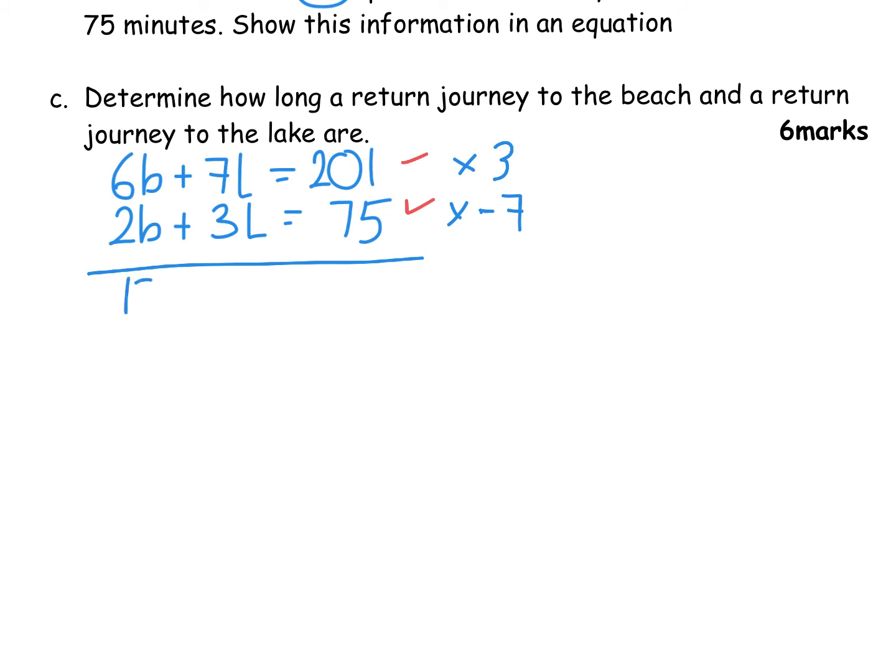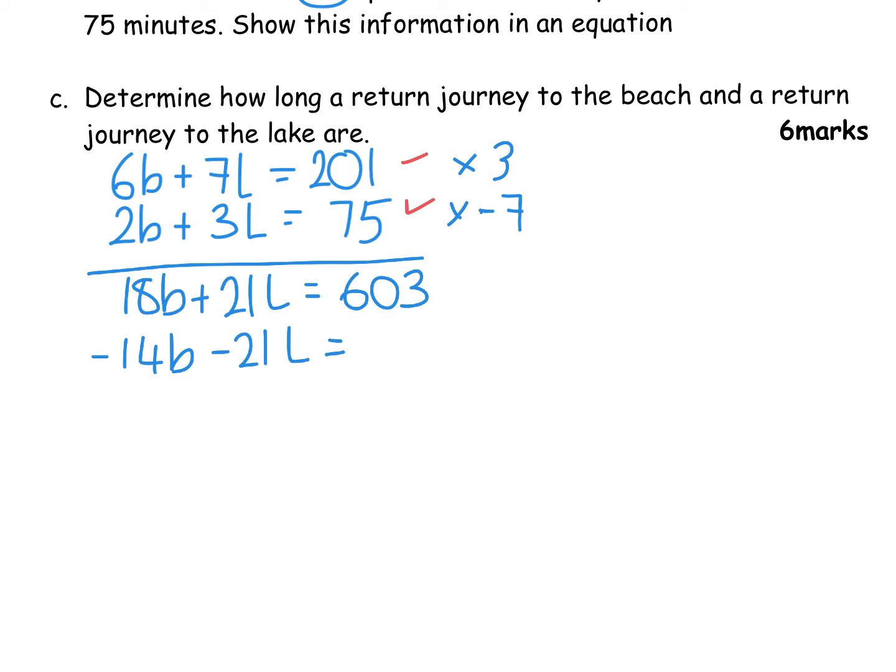So we have 18b plus 21l equals 603. And on the bottom we will have -14b minus 21l, and please don't do this in your head. If you're not sure, go to your calculator. It is a calculator paper, and that will be -525.